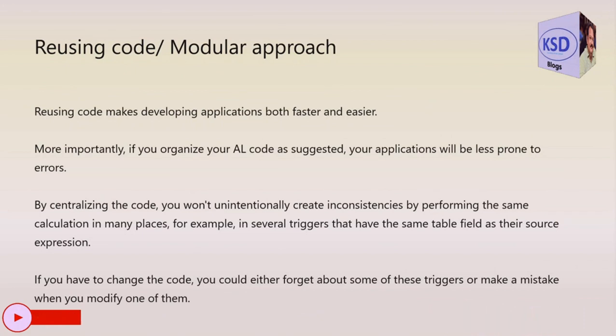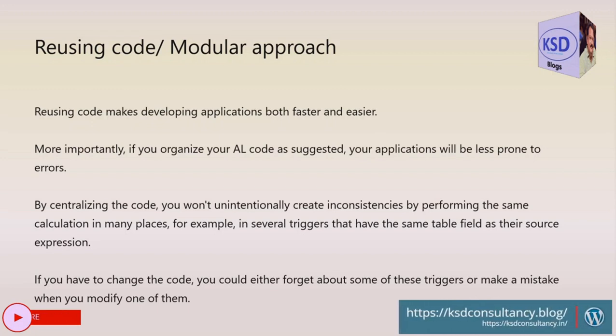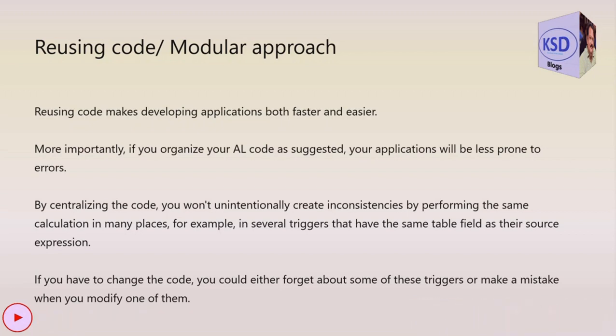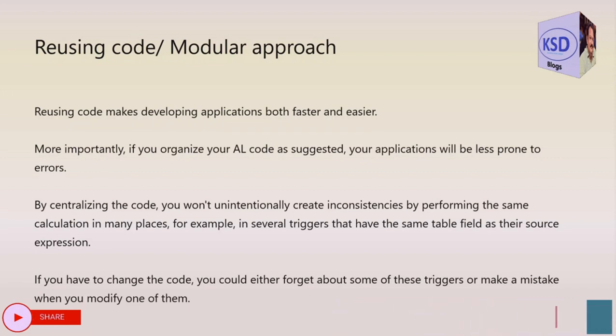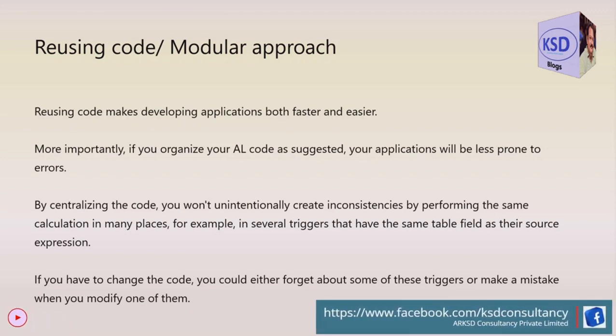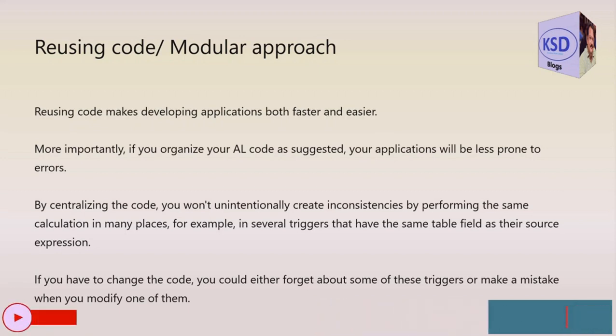So, reusing the code, or you can say the modular approach. Reusing code makes developing applications both faster and easier. More importantly, if you organize your AL code as suggested, your application will be less prone to errors. By centralizing the code, you won't unintentionally create inconsistencies by performing the same calculation in many places.